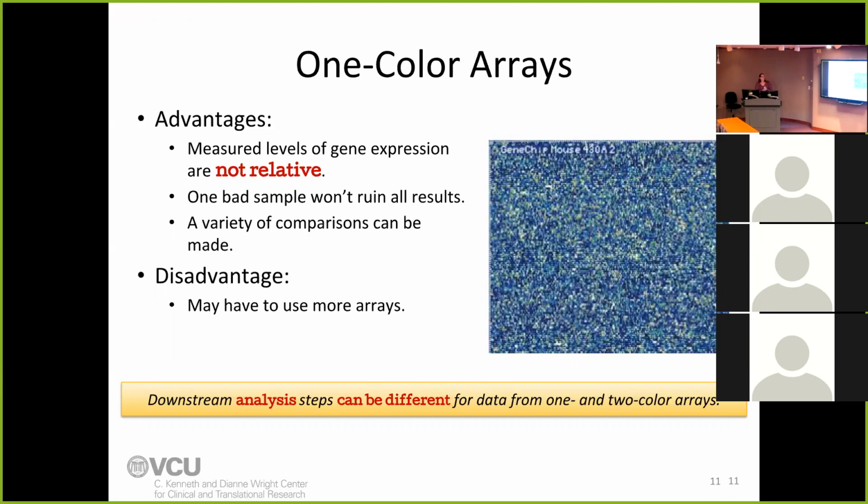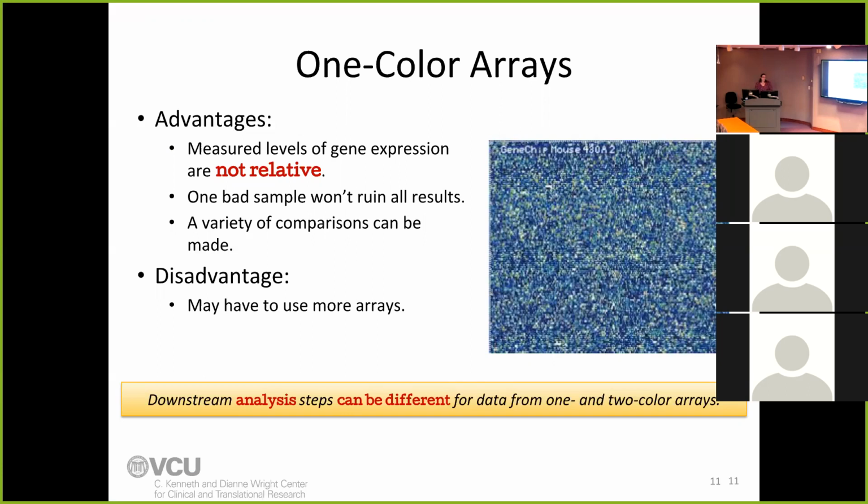For example, in one project I'm working on, we have normal mouse tissue, and then we have PDX, patient-derived xenograft, data from the liver and the brain and the lung. So we can make multiple comparisons and compare the brain to the liver, or the liver to the lung, or any of those to the mouse, to the normal. So one-color arrays give you much more flexibility in the comparisons that you can make.